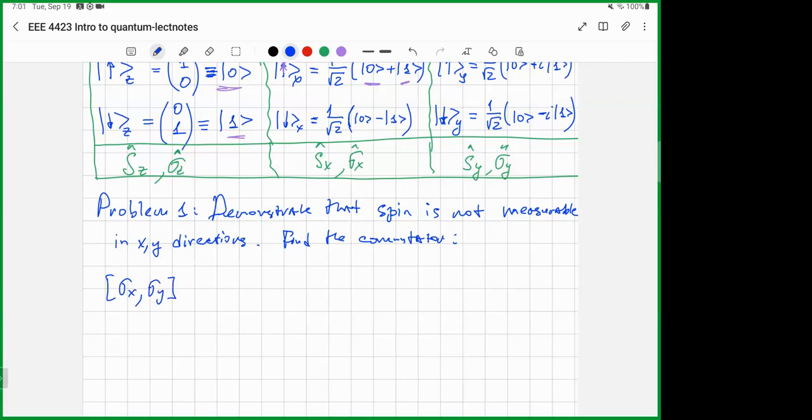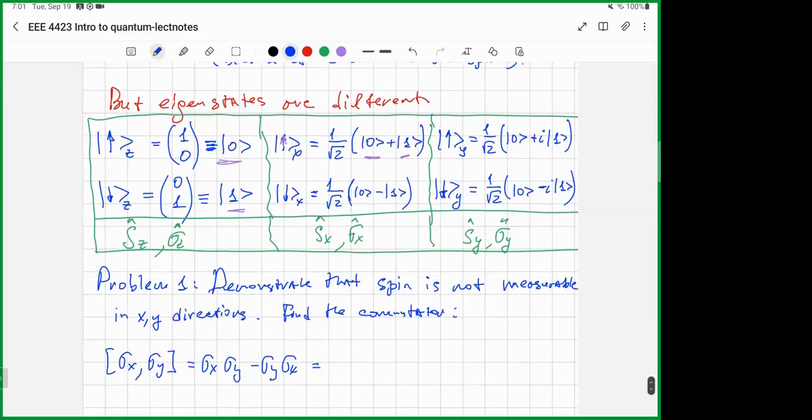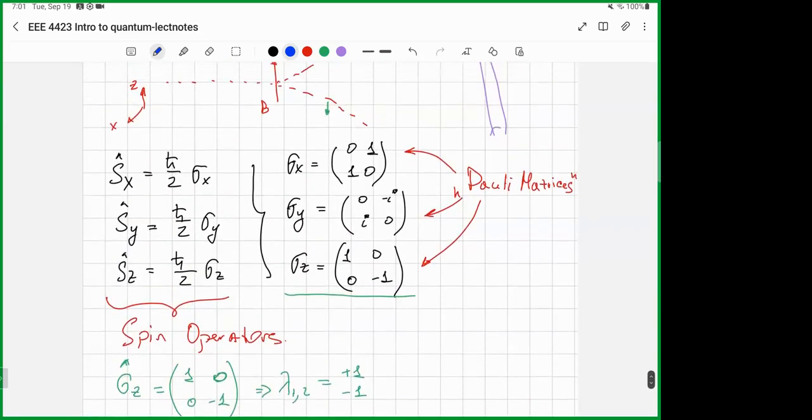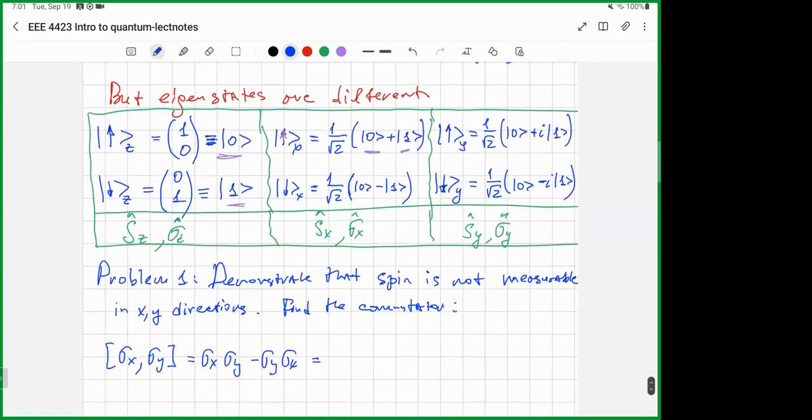So the commutator for the x and y Pauli matrices is sigma x, sigma y minus sigma y, sigma x, right? For sigma x, we have the Pauli matrix 0, 1, 1, 0.